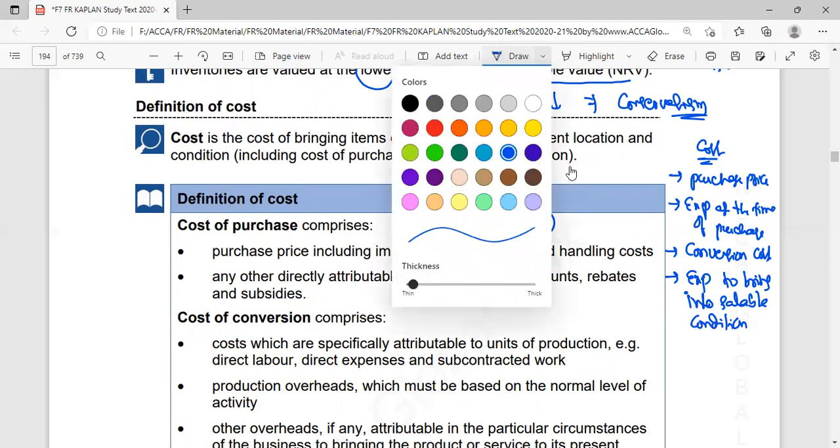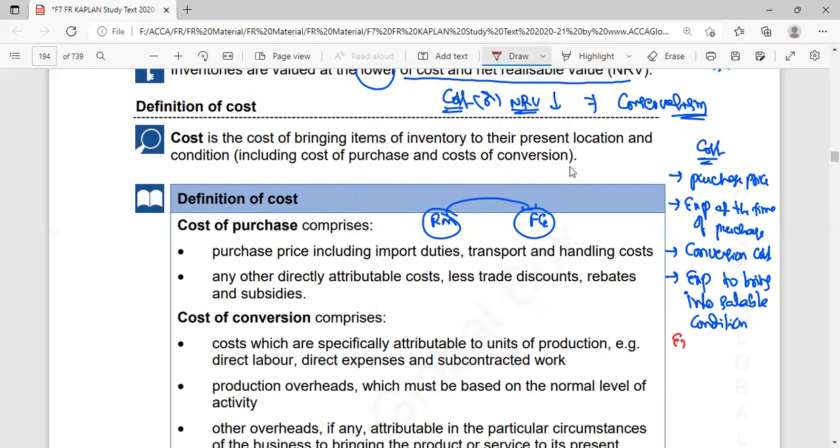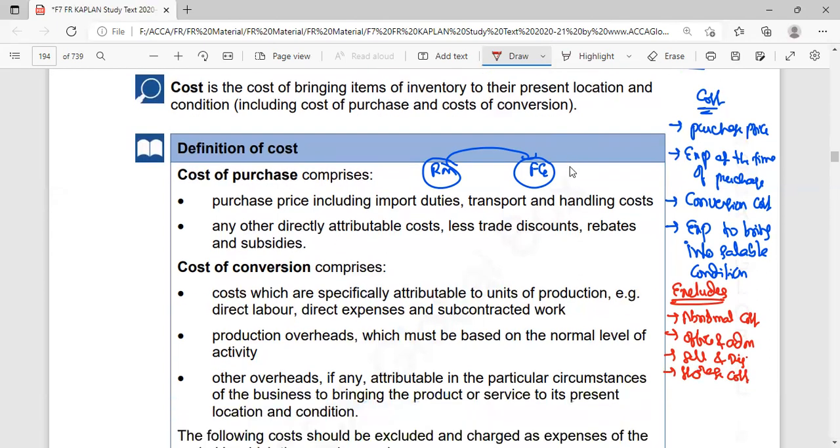But the cost of inventory excludes some items. Which items are excluded? Abnormal cost is excluded, office and administrative expenses are excluded, selling and distribution cost is excluded, storage cost is excluded, and finance cost is excluded.